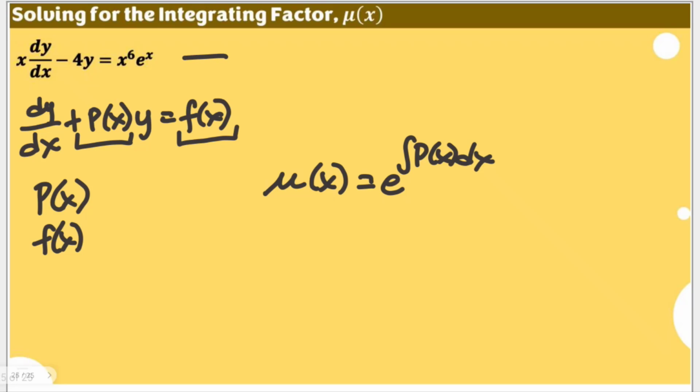Looking at our given function, it's not yet in standard form because you can see a certain variable x here.